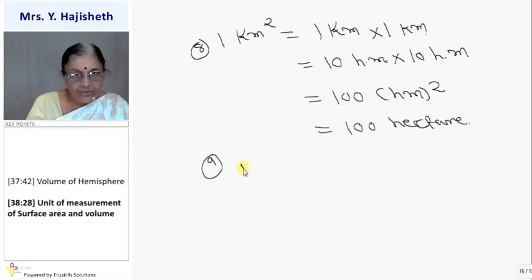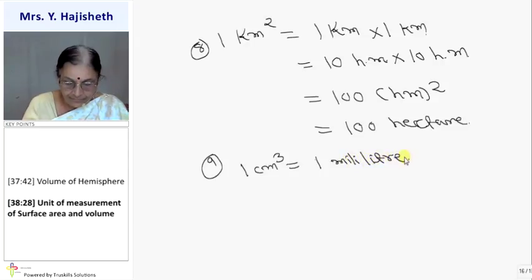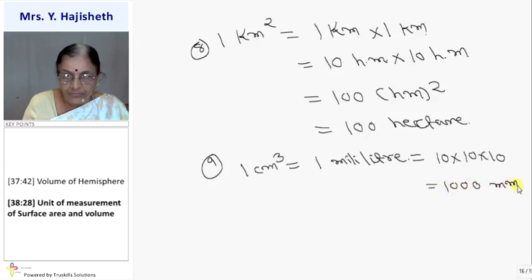Now 9th. 1 centimeter cube is also called 1 milliliter. So 1 milliliter is 10 into 10 into 10, 1000 millimeter cube.